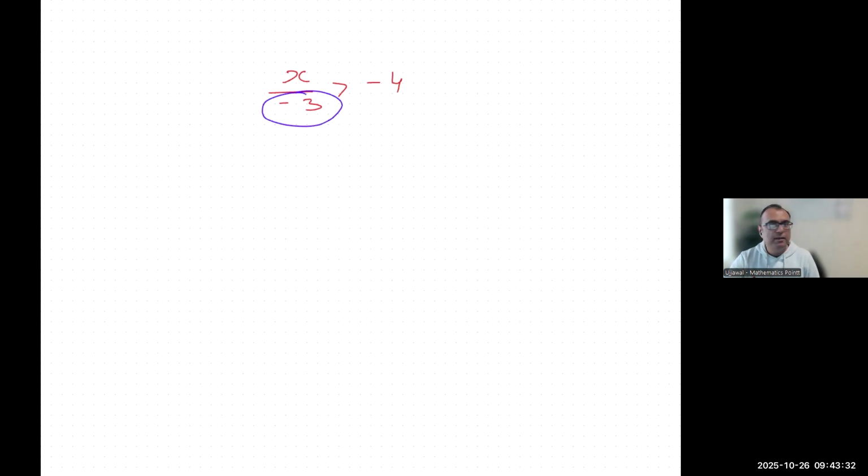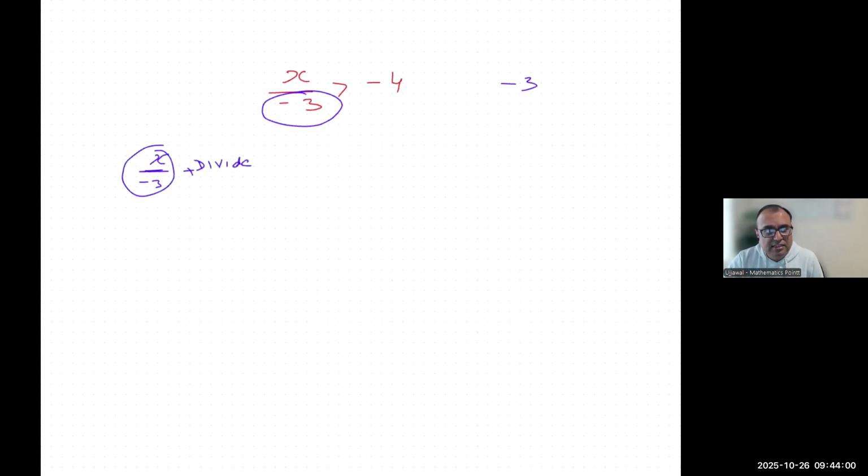Next one. Is this -3 dividing or multiplying, adding or subtracting the variable? Divide, multiply, add or subtract? So I have a -3 that I need to get rid of. How on earth is it divide? Is it multiplying? Come on. x over -3. What does this over mean? This means divide.